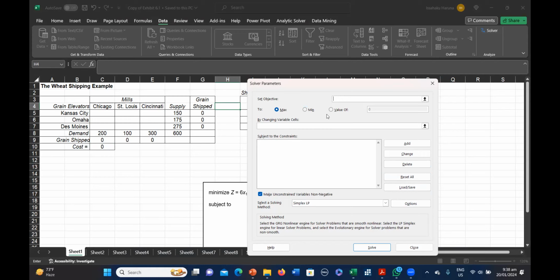So here, set objective. I come and select this, which is C10, as my objective. Then changing variable cells. But before then, I must know that it's a minimization problem, so I have to change it to minimize.